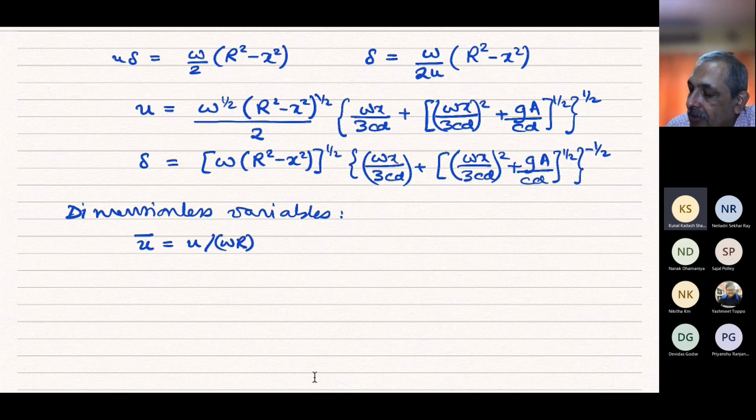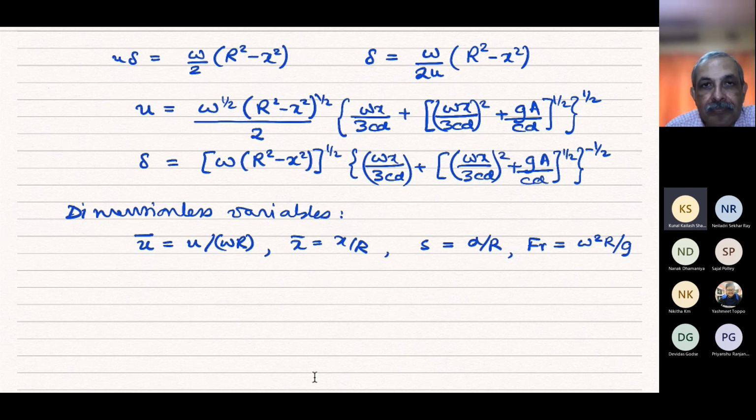So let's say the dimensionless velocity is u divided by omega r, which is the characteristic velocity here. Let's suppose x bar is equal to x divided by r. And then let's call a new variable s, which is the size, which is just d divided by r. And as before, let's define the Froude number, Fr, to be omega squared r by g.